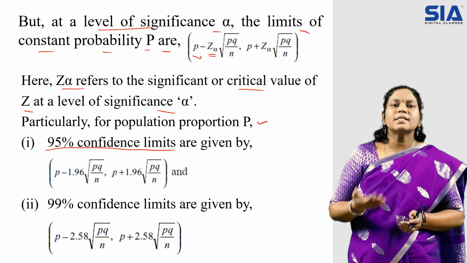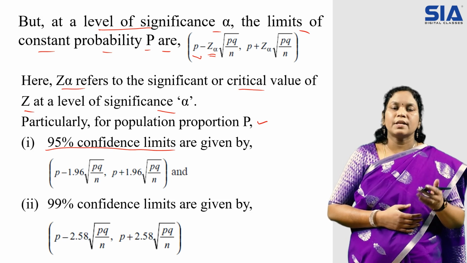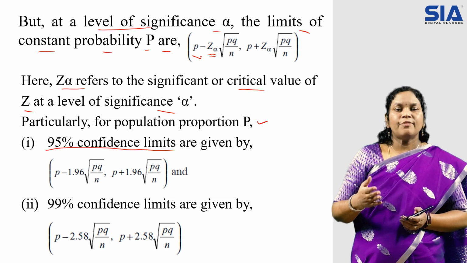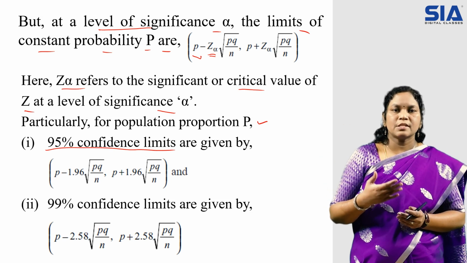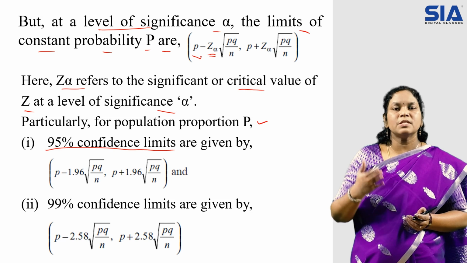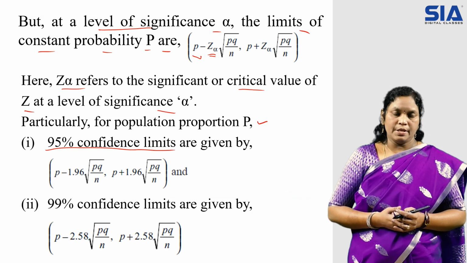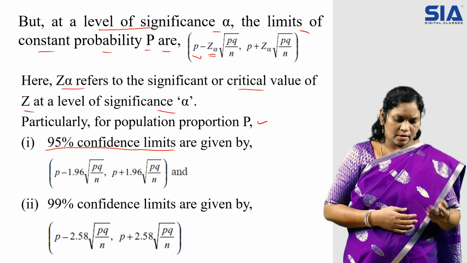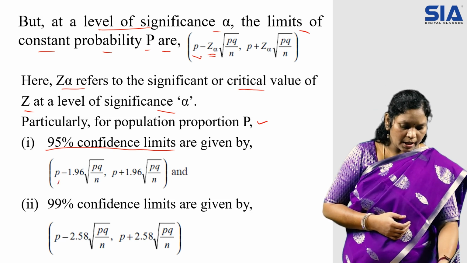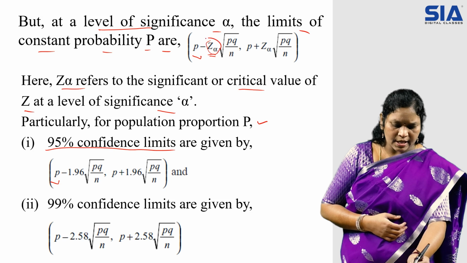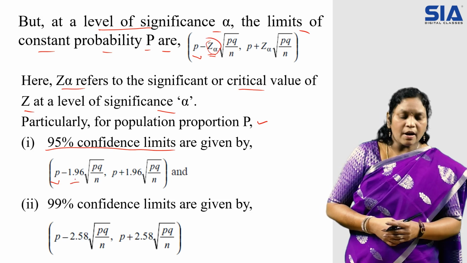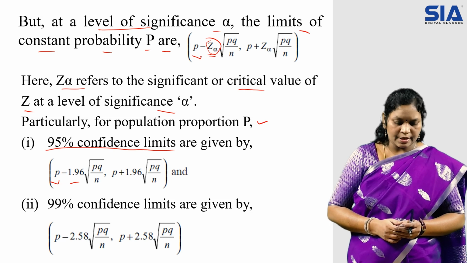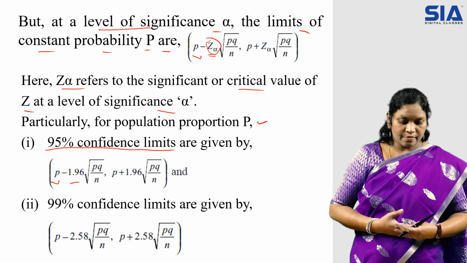Whenever they ask for confidence limits, they'll ask for 95%, 99% like that, and alpha will be the leftover percentage, so 95% confidence limits means alpha is 5%. So the critical value for 5%, 1.96, we need to consider in our limits.